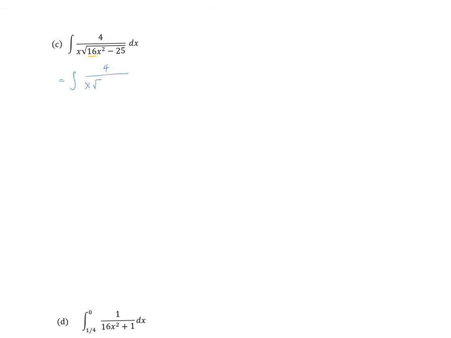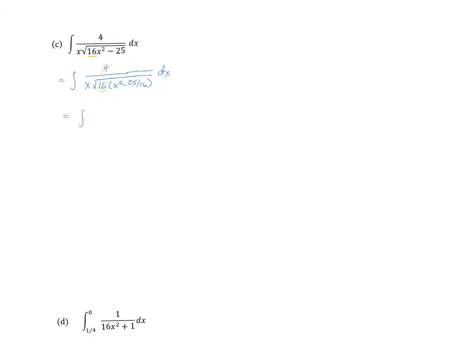So this is going to be underneath the square root 16 times x squared minus 25 over 16. And again, I never make my bars long enough. So notice the square root of 16 is just 4. Coincidentally, that's going to cancel with the 4 on the top.